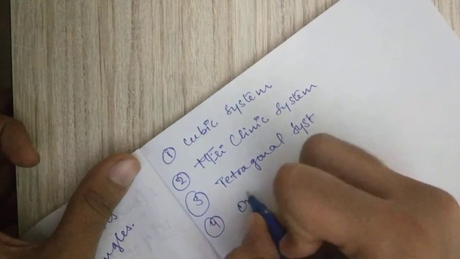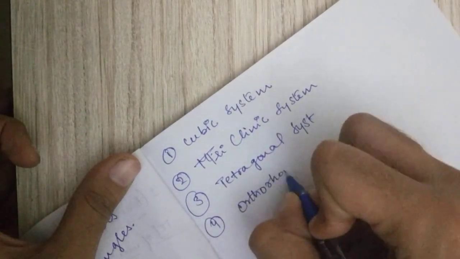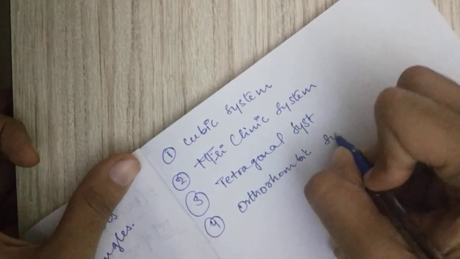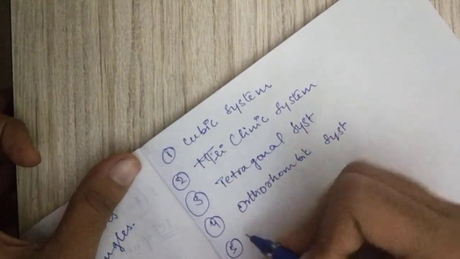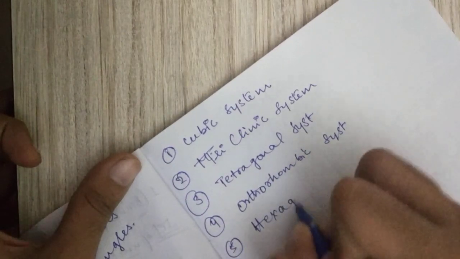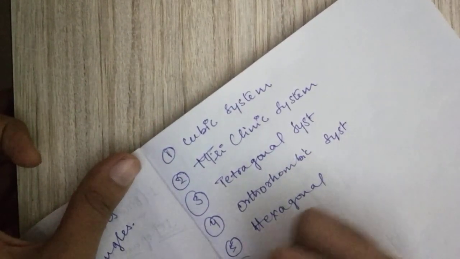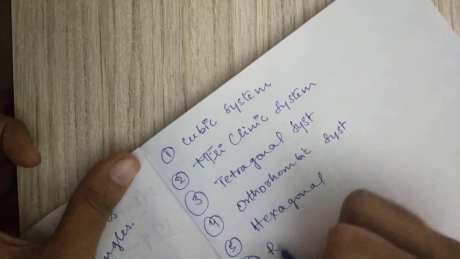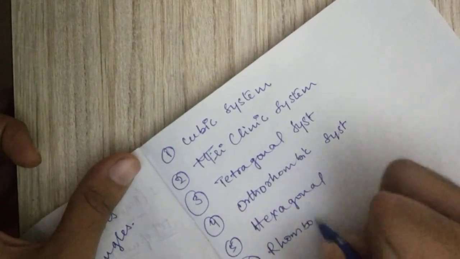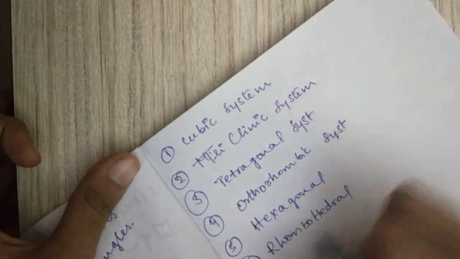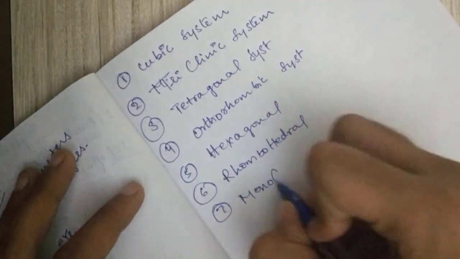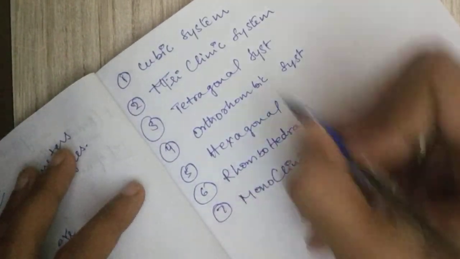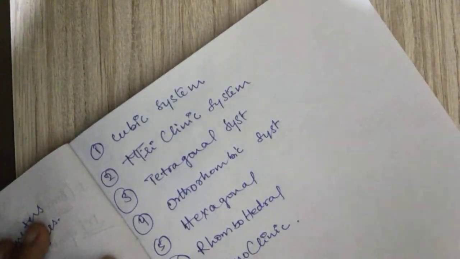Fourth is the orthorhombic system. Fifth is hexagonal, sixth is rhombohedral, and seventh is monoclinic.